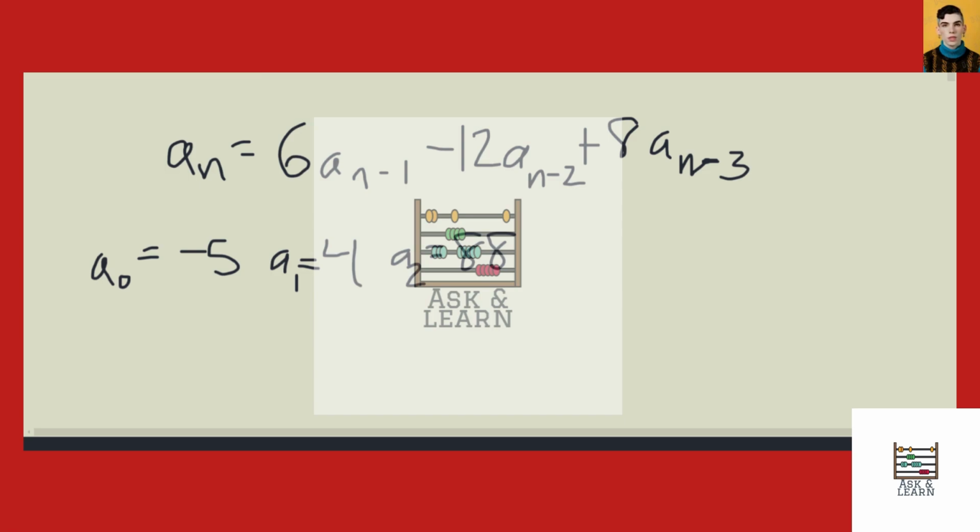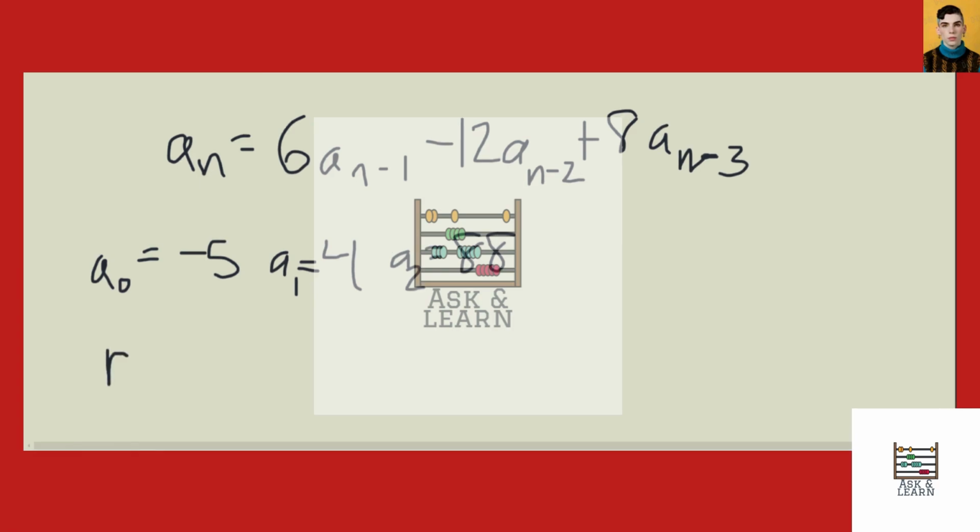This is a linear homogeneous recursive relation, and so the characteristic equation is r cubed minus 6r squared plus 12r minus 8 equals 0.